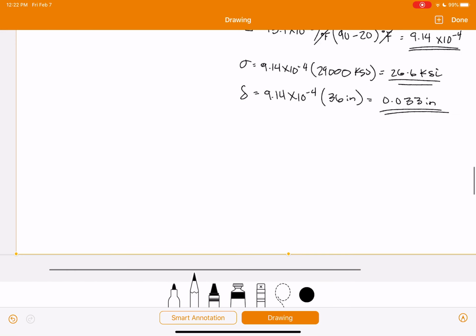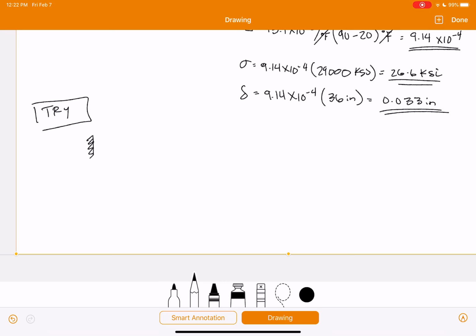So go ahead and try one of these on your own. So we're looking at a bar that is 20 inches long. It's got an alpha of 13.1 times 10 to the negative 6 per degree F. And it also has an E of 10,000 KSI.